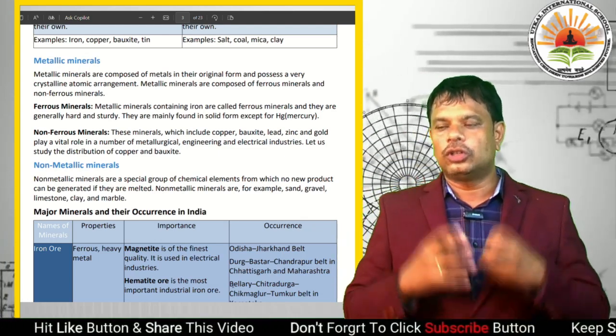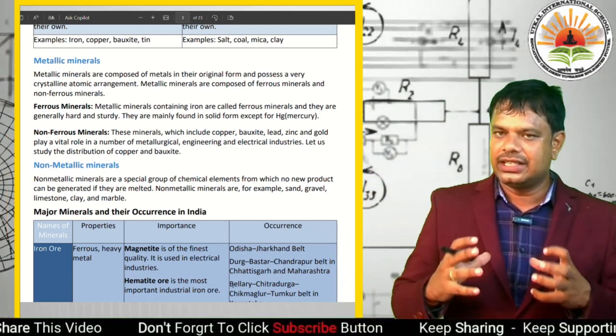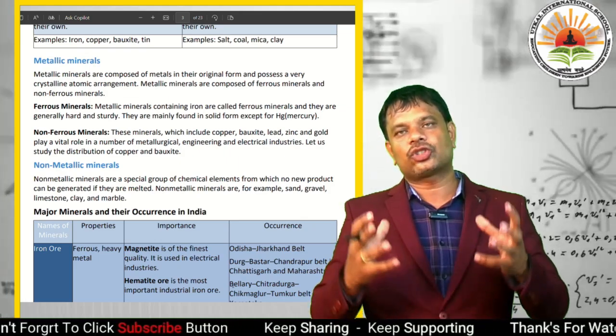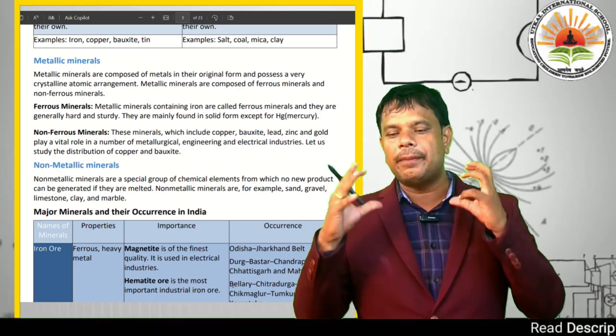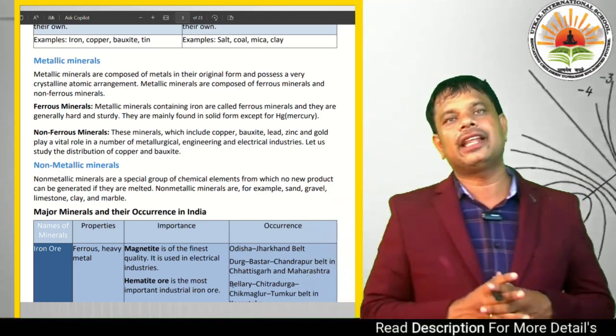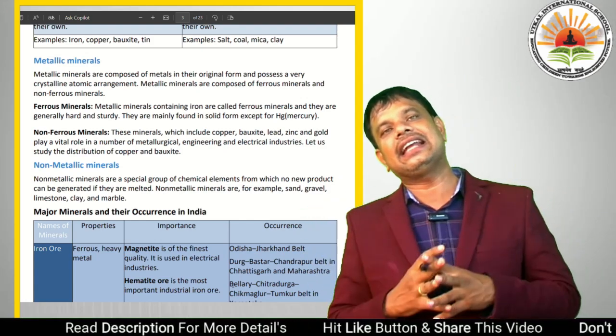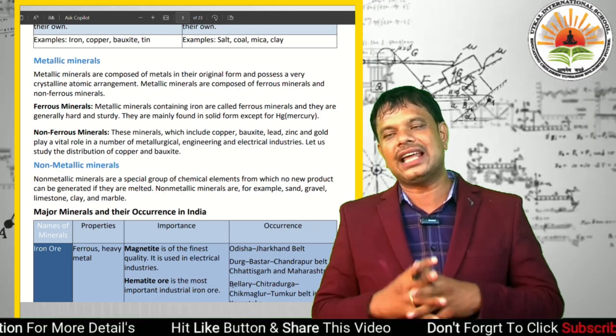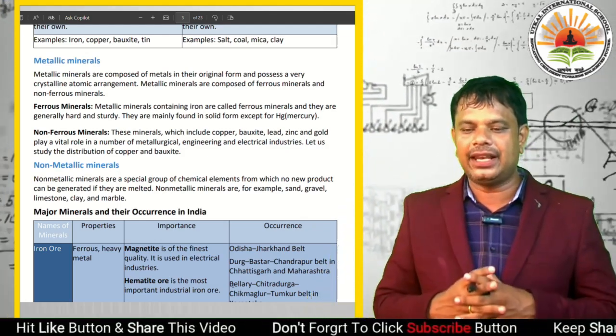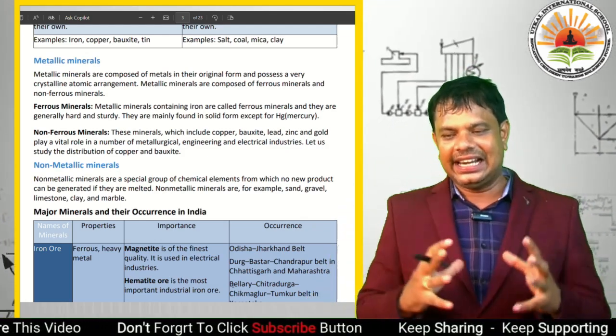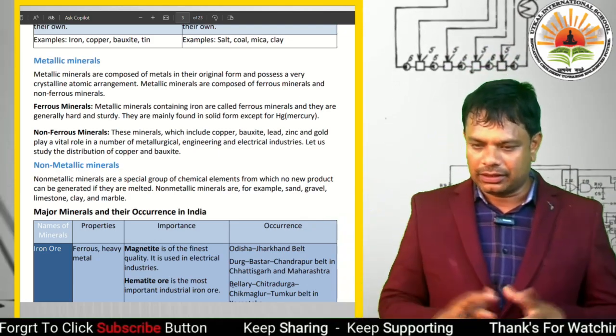We know there are metallic minerals and non-metallic minerals. So examples of non-metallic minerals are sand, gravel, limestone, clay and marble.